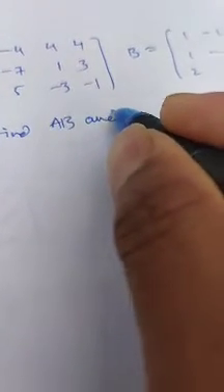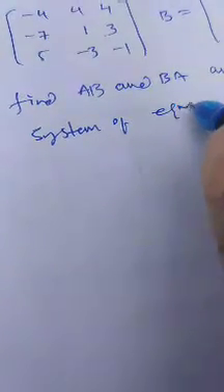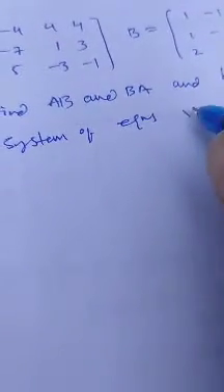Find A into B and B into A, and hence solve the system of equations x minus y plus z is equal to 4, x minus 2y minus 2z is equal to 9, 2x plus y plus 3z is equal to 1.